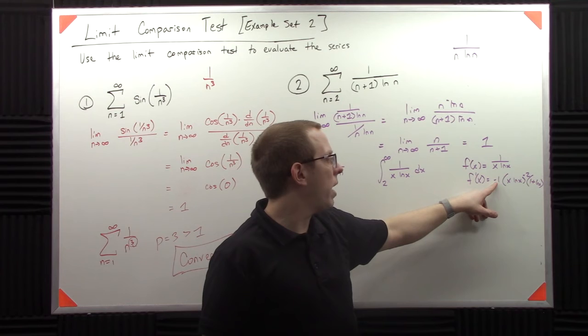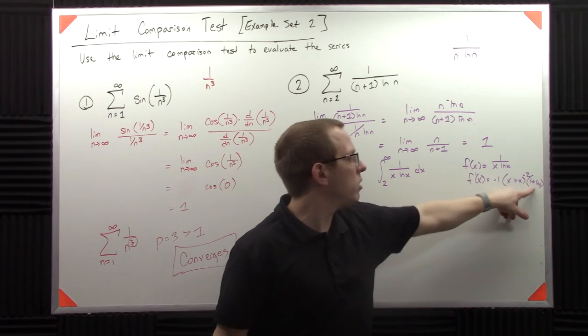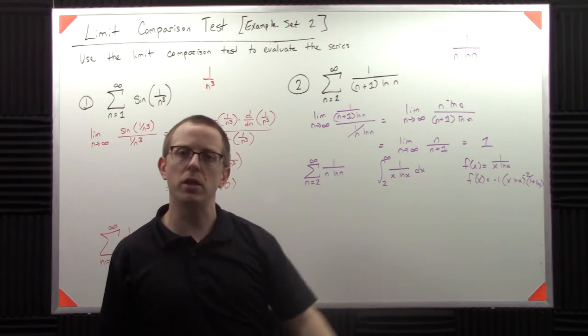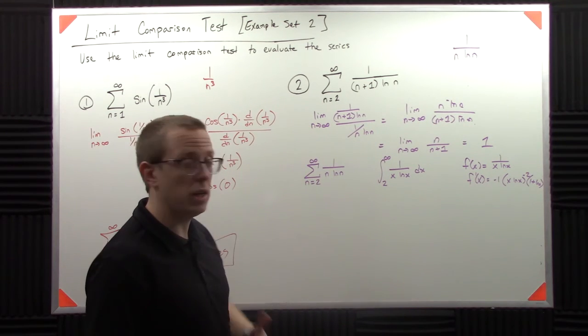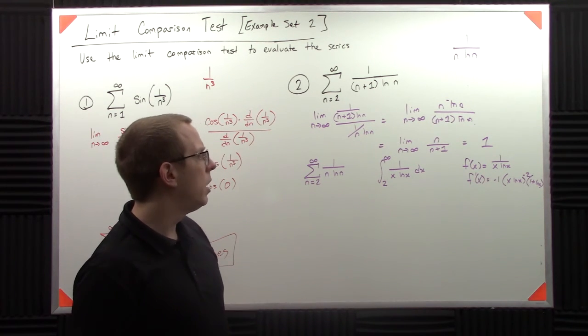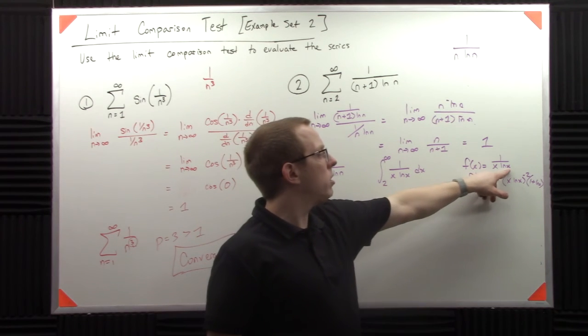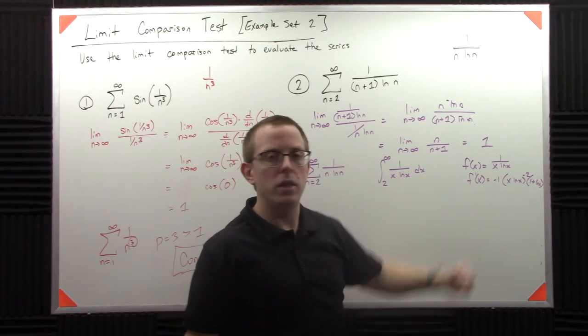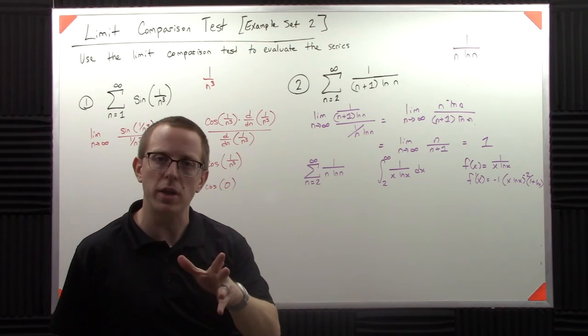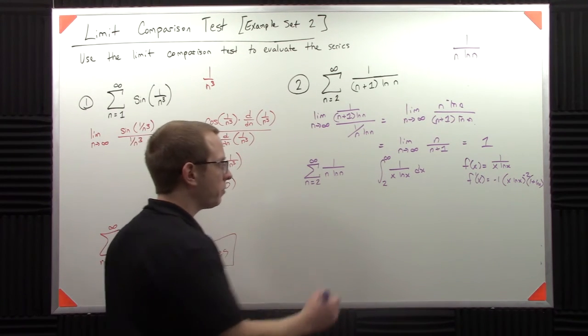And you have a negative, so positive times a negative, so it's decreasing for all values of x greater than or equal to 2. Actually, technically greater than 1. So we know that this is positive because this is always positive for values greater than 1. It's positive, decreasing, so we satisfy the conditions for the integral test.